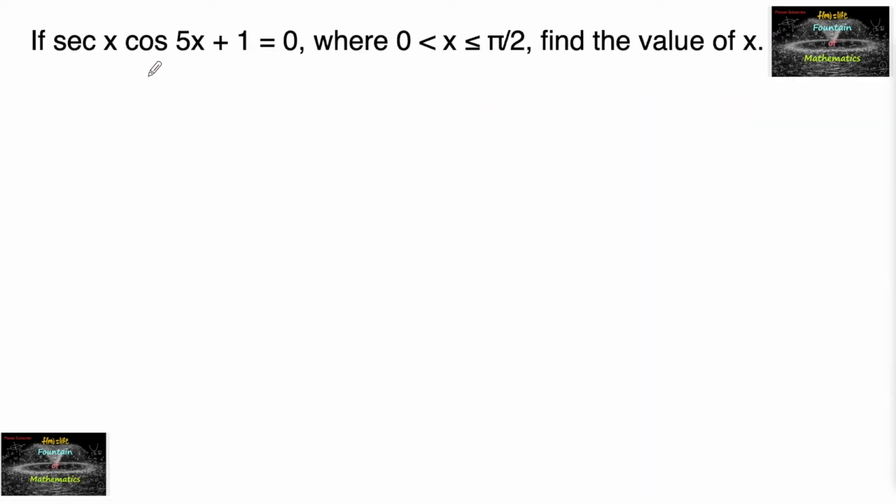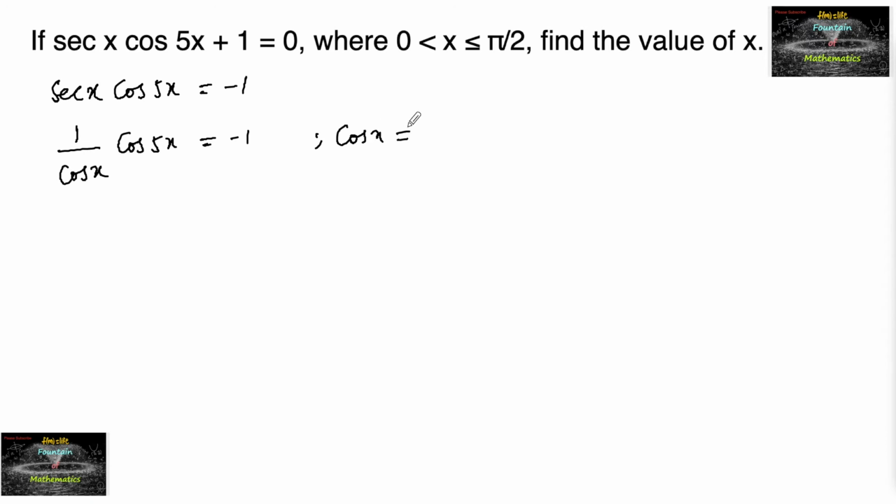If secant x into cos 5x plus 1 equals 0, where x lies between 0 and pi by 2, where 0 is excluded, find the value of x. So we can write here secant x into cos 5x is equal to minus 1, or secant x we can write as 1 upon cos x, into cos 5x is equal to minus 1, where cos x cannot be equal to 0.